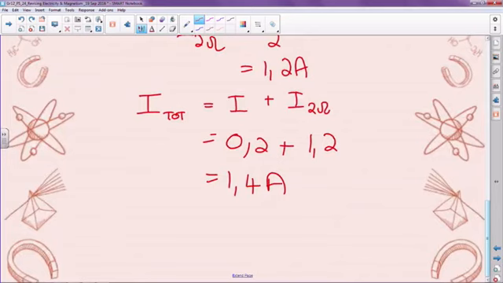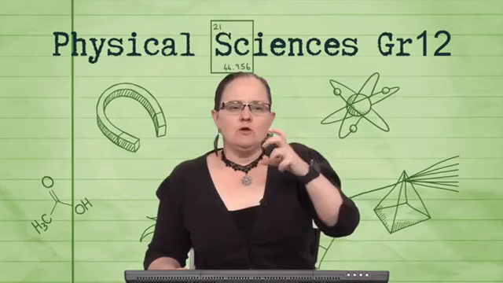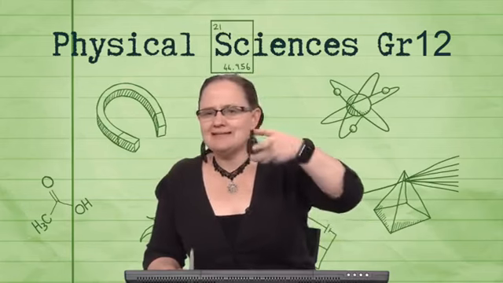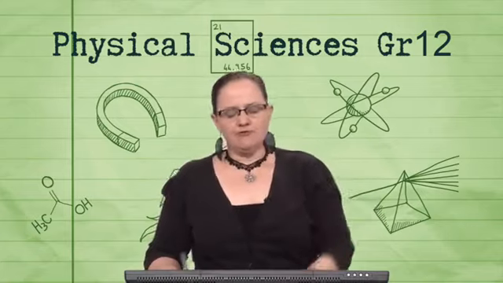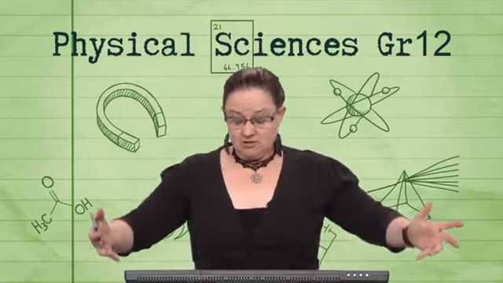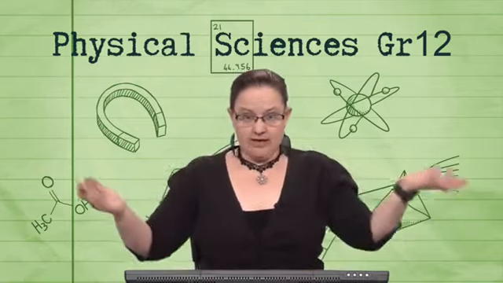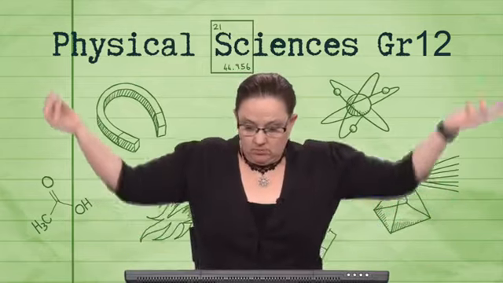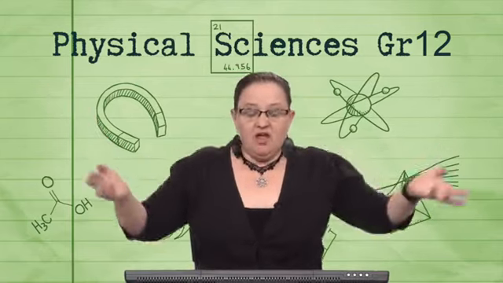The other way you could have done this was to use ratios. I am hesitant to encourage you to use ratios just because we struggle to understand what you've written. Often there's just numbers and ratio marks, and as a marker, you look at it and wonder.